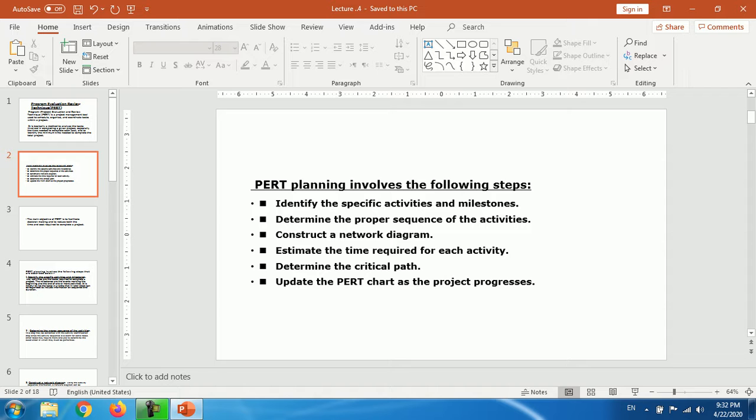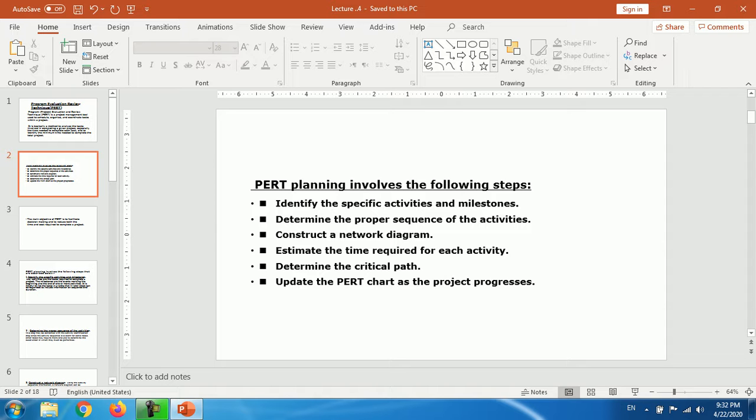PERT planning involves the following steps. Number 1. Identify the specific activities and milestones. Number 2. Determine the proper sequence of the activities.